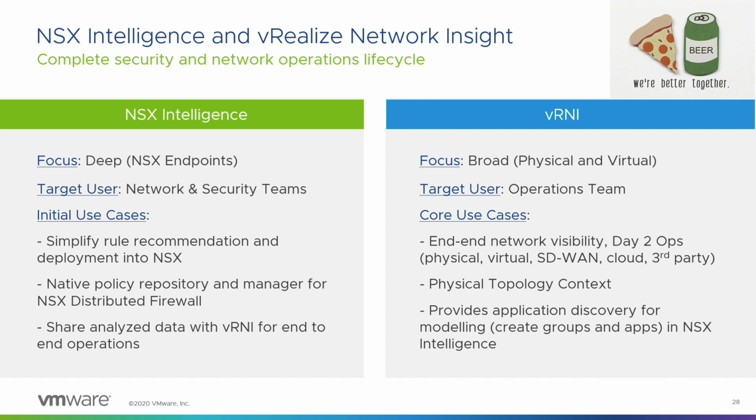Obviously, you could choose to use another IPFIX collector. That's a standard capability in NSX as well. But the goal is to build a more complete and powerful integration together. So we're ensuring these two products don't overlap. NSX Intelligence focuses on our context, and vRNI provides that broader physical and virtual view.